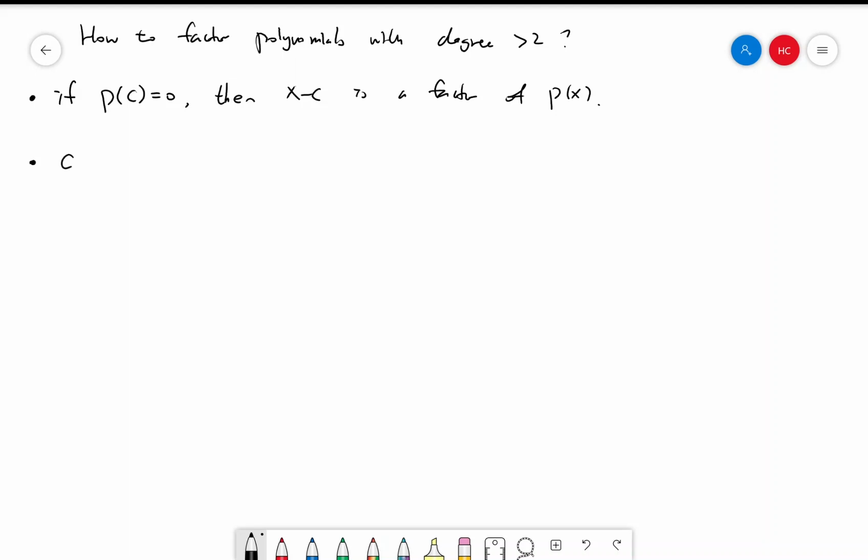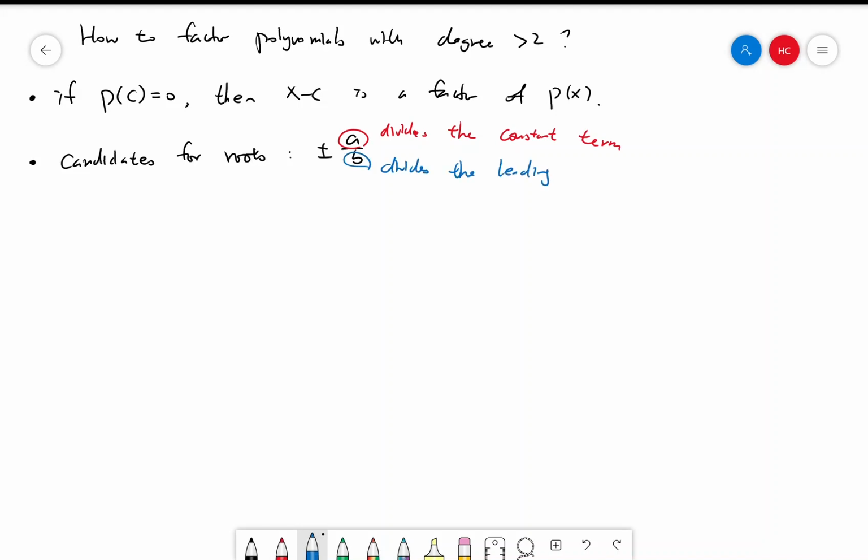The candidates for roots of the polynomial are plus minus a over b, where a divides the constant term and b divides the leading coefficient.